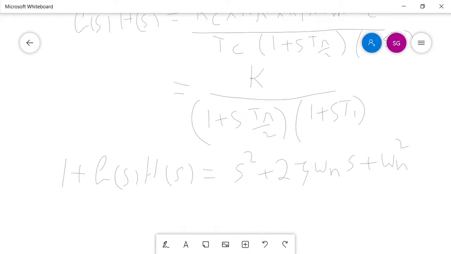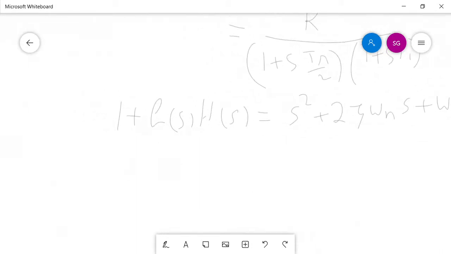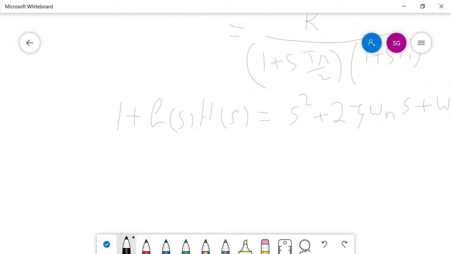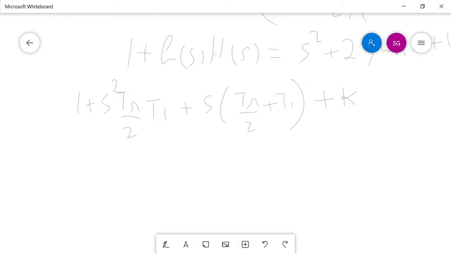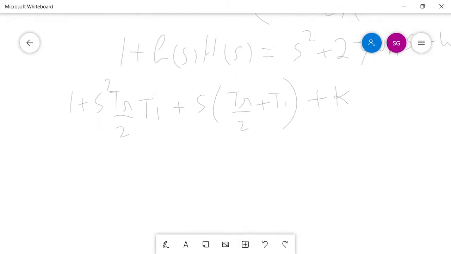So our 1 plus G(s)H(s) will become 1 plus s into Tr by 2 into T1, which will be s square plus s times Tr by 2 plus T1, plus K. Now some assumptions can be taken.